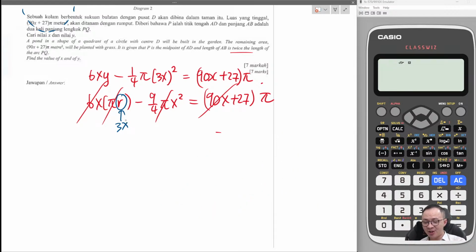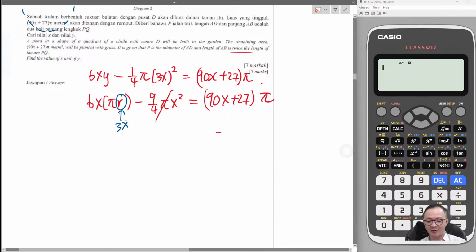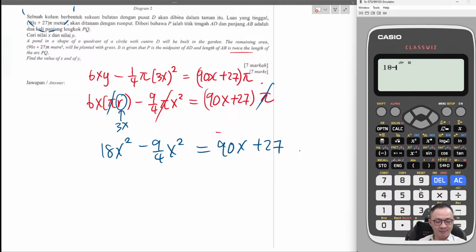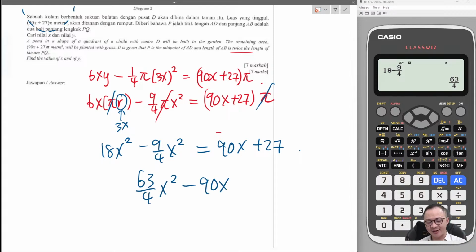Okay, so this 3x multiplies the... Okay, cancel the pi. 3x multiplied with 6x is 18x squared minus 9 over 4 x squared equals 90x plus 27. 18 minus 9 over 4. 63 over 4 x squared minus 90x plus 27 equals 0.